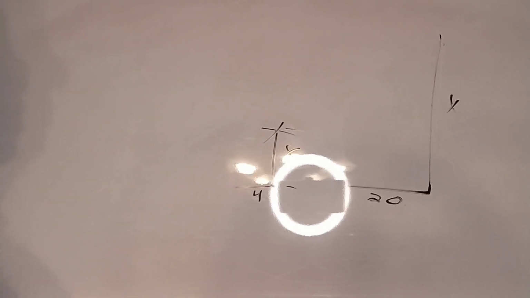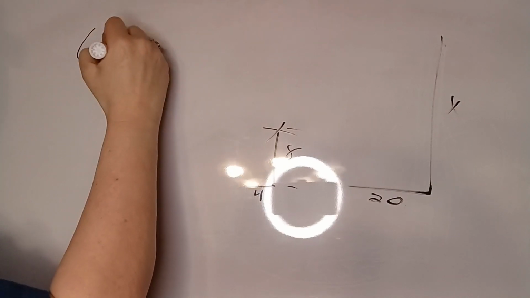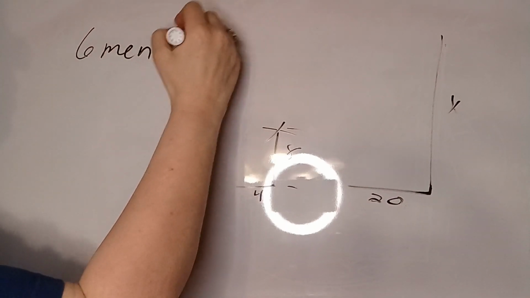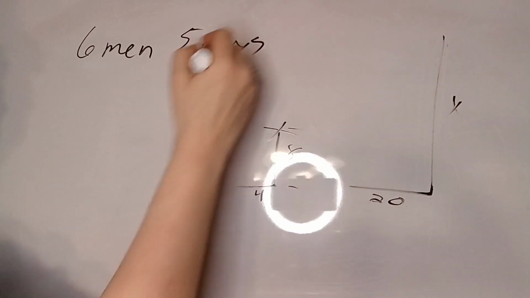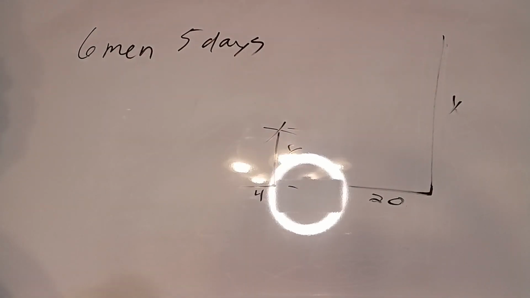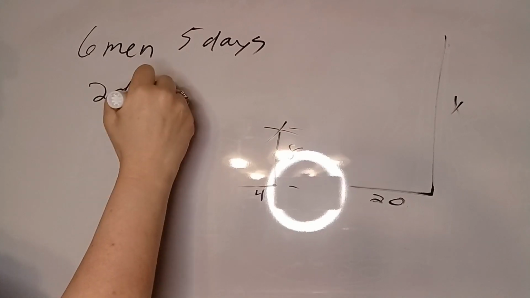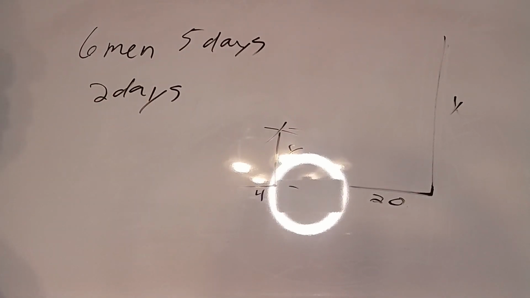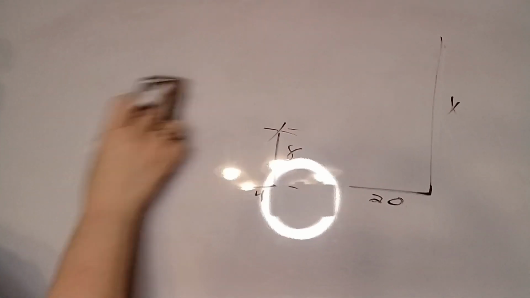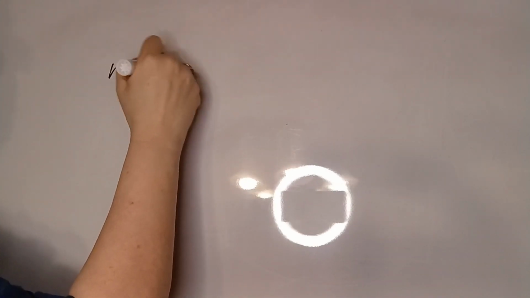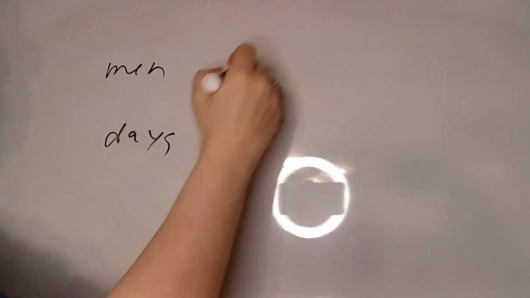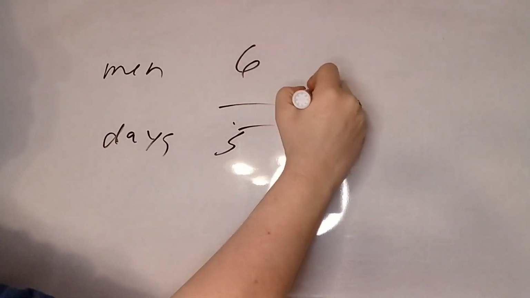But if you have a situation like you have 6 men working 5 days, how many men would you need to get it done in 2 days? Right? That looks like you should be able to set it up as a ratio with men and days. 6 men, 5 days.